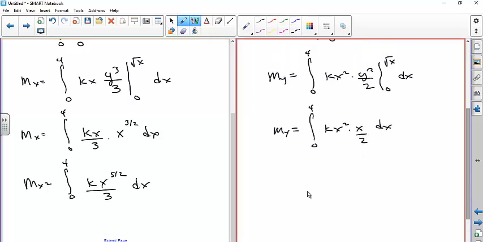Same kind of thing. M sub y is the integral from 0 to 4 of k over 2 x cubed dx. Now we integrate.